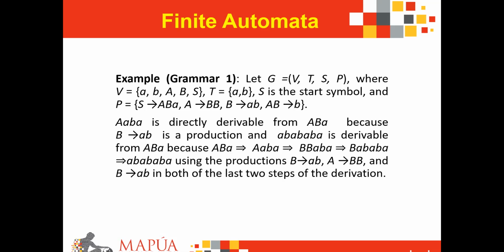Therefore, you'd end up with a, uppercase A, lowercase b, and a. That is directly derivable from uppercase A, uppercase B, and lowercase a, because you could actually replace uppercase B with lowercase a and lowercase b.